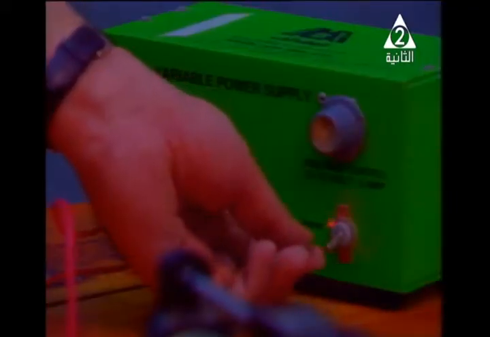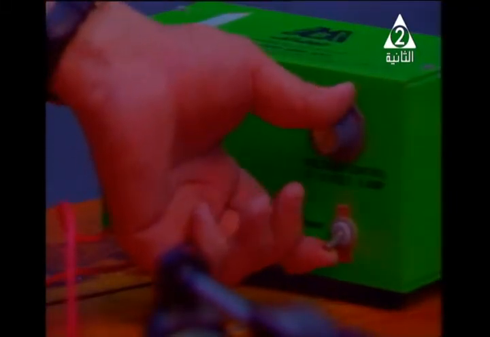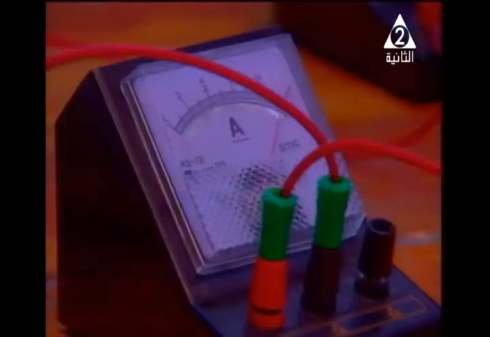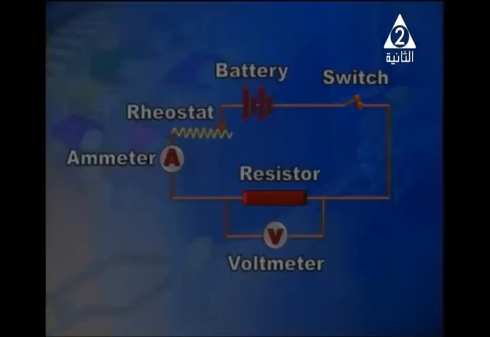We have to switch it on. The circuit is closed, current flows. The reading on the ammeter is noted, and that on the voltmeter is noted also. By using the rheostat, we change the resistance of the whole circuit. Current changes, and it is measured by the ammeter.